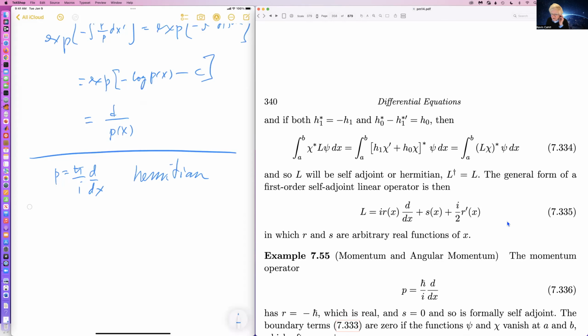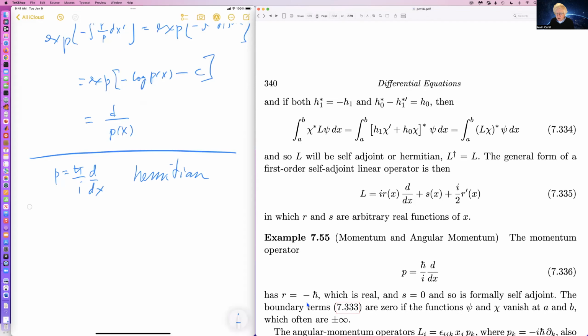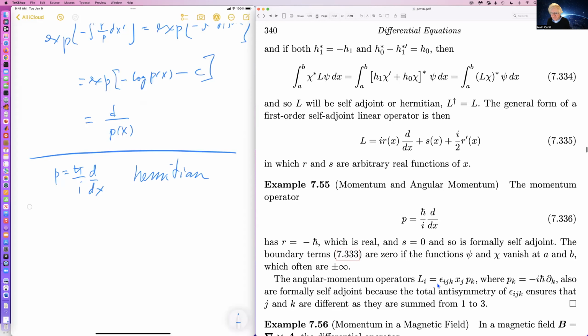And we see that this is satisfied by the momentum operator. Here R is equal to minus h bar. It's a constant, so its derivative is 0, and we have S equals 0. So this is formally self-adjoint. And then the boundary terms are 0 if the functions vanish at a and b, which often are taken as plus or minus infinity.